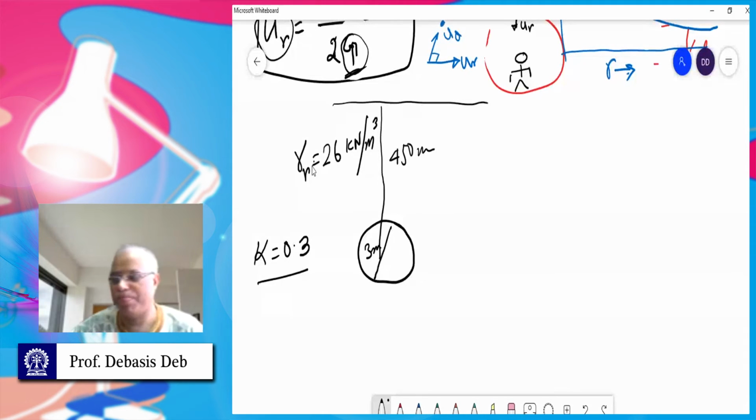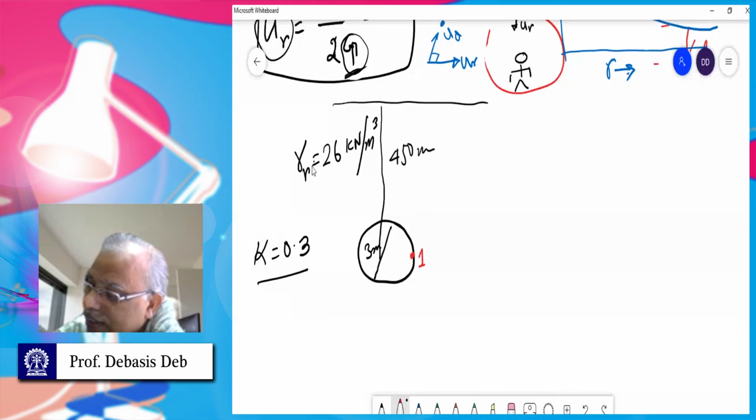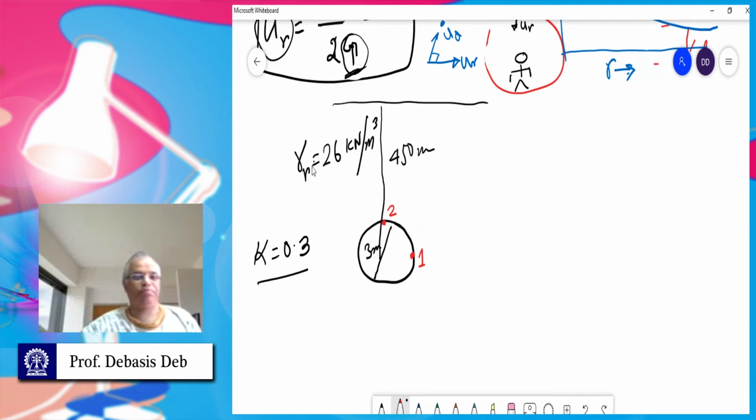Assuming this, problem number 1, I think you can do. There is a point here 1, point here 2, and point here 3, which are 0 degree, 90 degree, and 180 degree.